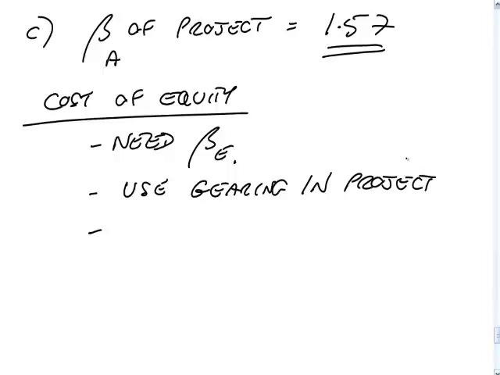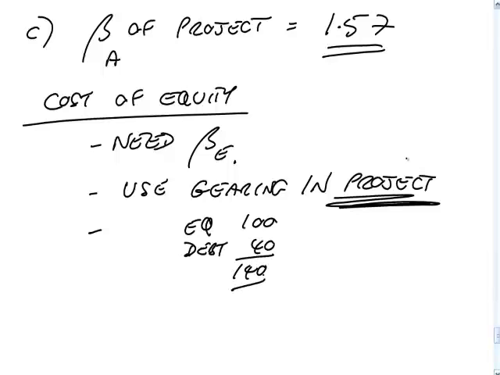Although it's always the gearing of the project, if it is the same as before, well, equity 100, debt 40. You agree? Can you finish it, please? Check as you go along by all means, but what is the beta of equity? What is the cost of equity? Cost of debt, weighted average.